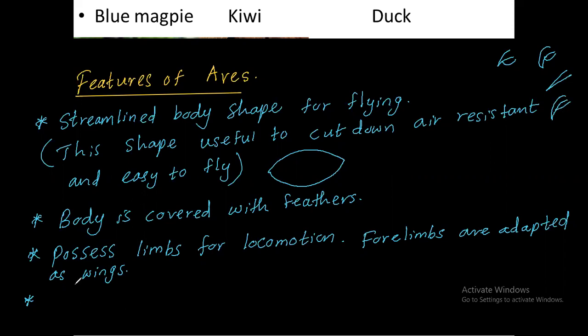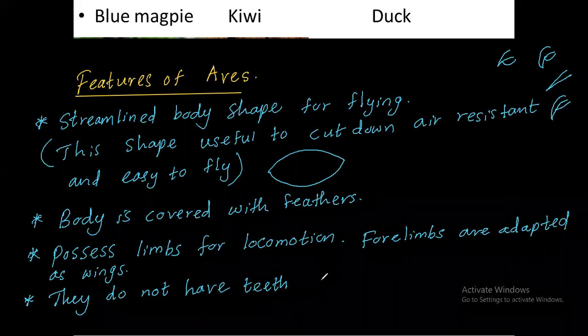And there are different shapes. They do not have teeth, but the beak is adapted for feeding, right?